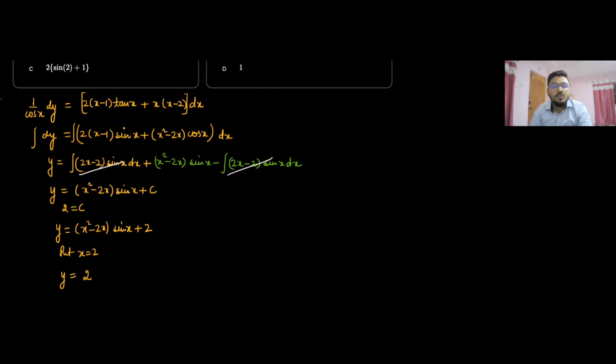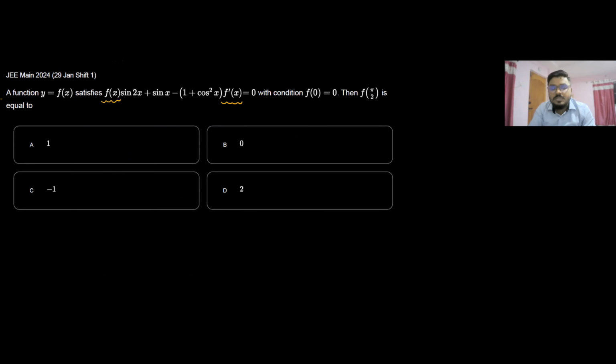Next question is this differential equation. So first of all, whenever you find the differential equation written in terms of f(x), f dash x, convert properly, means put the value f(x) as y and f dash x as dy by dx so that it is easily visible. So y sine 2x plus sine x minus (1 plus cos square x) dy by dx equal to 0.